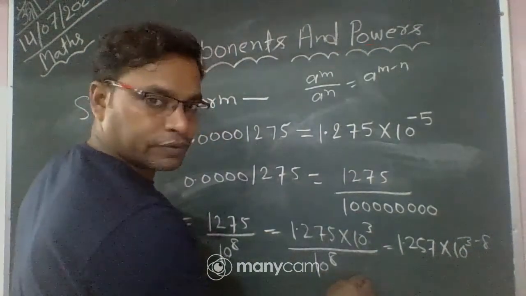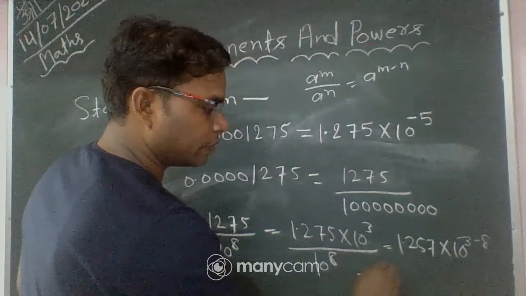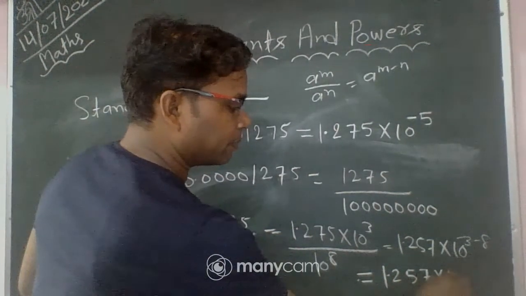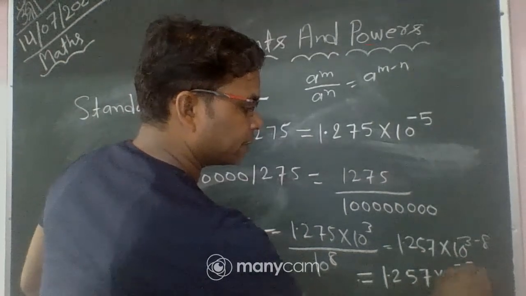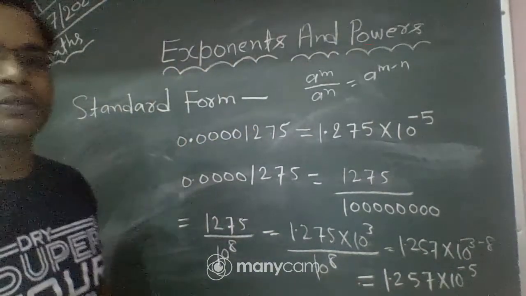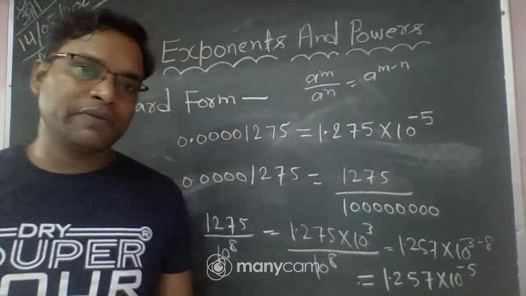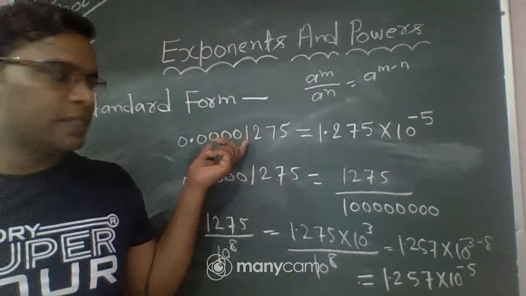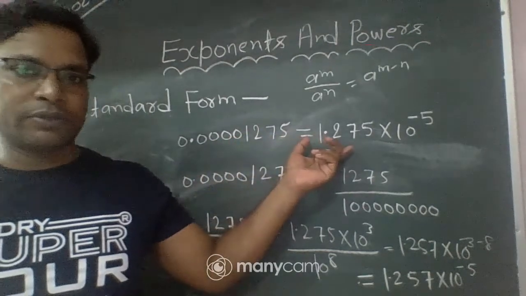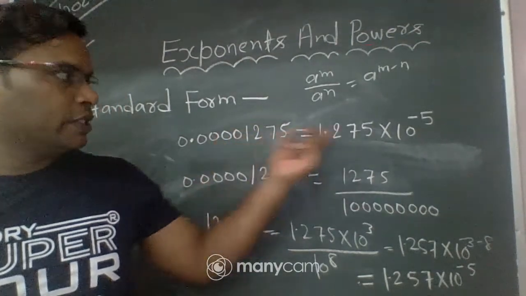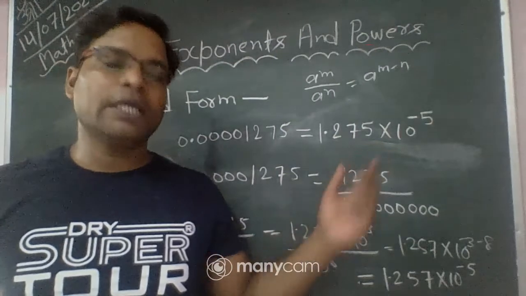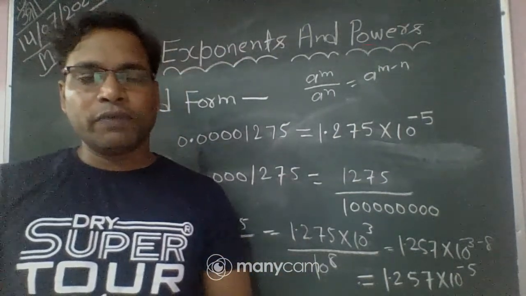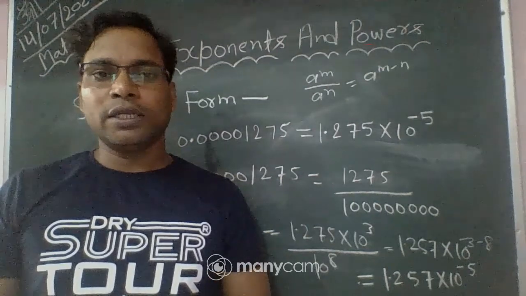This is equal to 1.275 into 10 power minus 5. This is clear. So we directly convert the given number into standard form. This is the usual form, and we change it into standard form. Sometimes it is given in standard form, and we write it in the usual form like this.